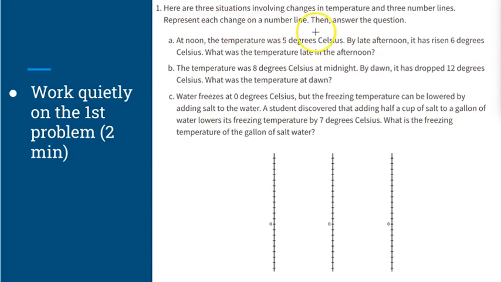All right, so we're going to look at these number lines and do some things with the numbers here and look at the change and represent them. So at noon, on the first one here, it was 5 degrees Celsius.